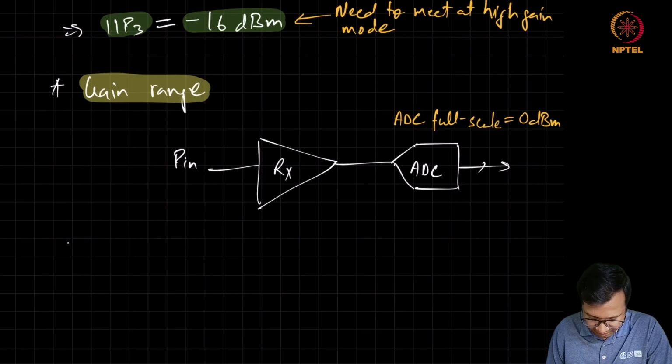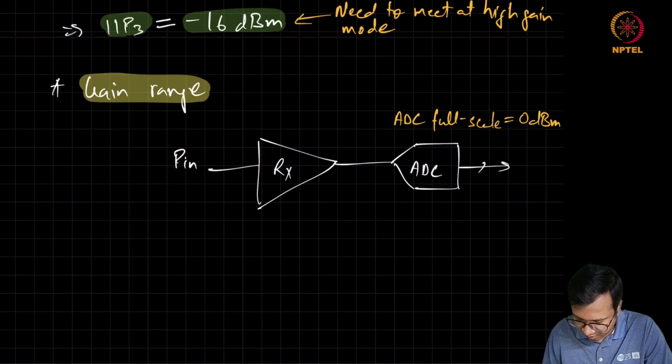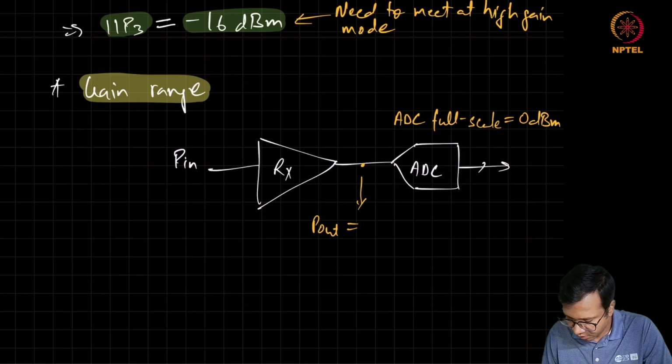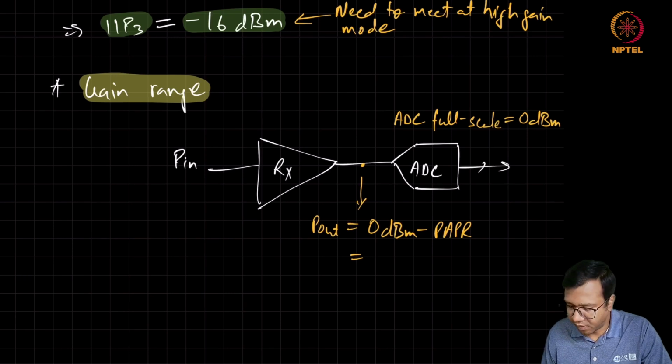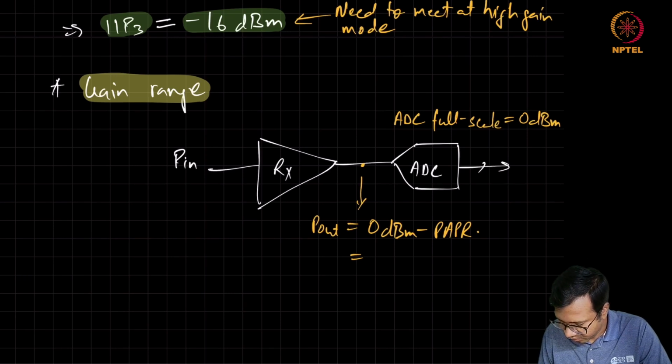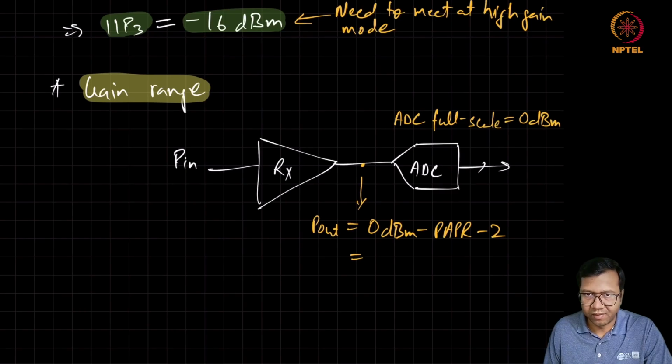So it means the output power of the receiver should be 0 dBm minus PAPR, which in our case is 9 dB, plus there can be variation in the envelope. So let's keep a 2 dB margin there.